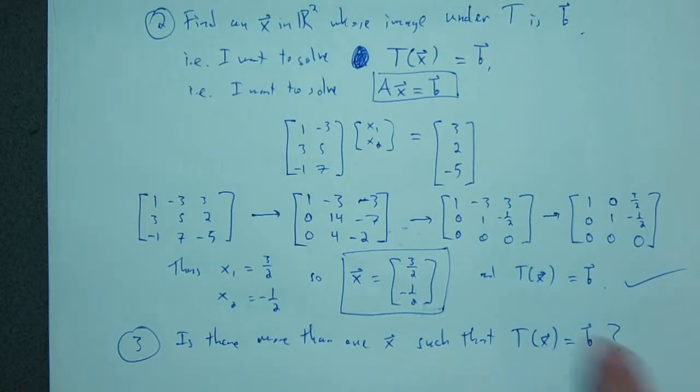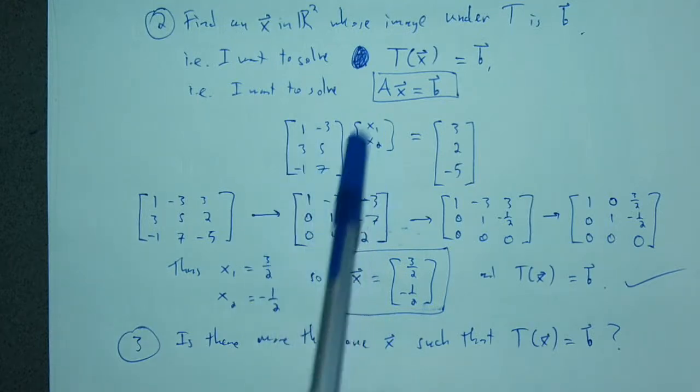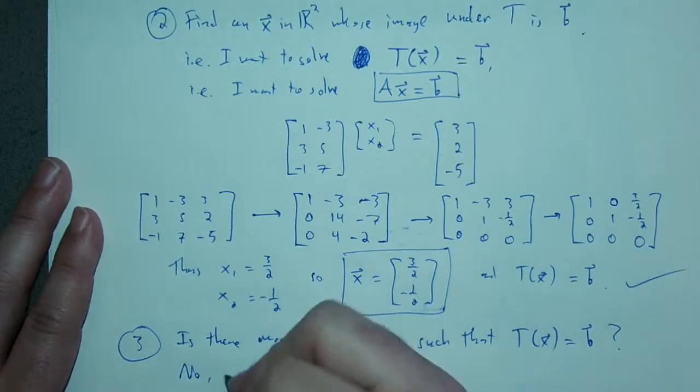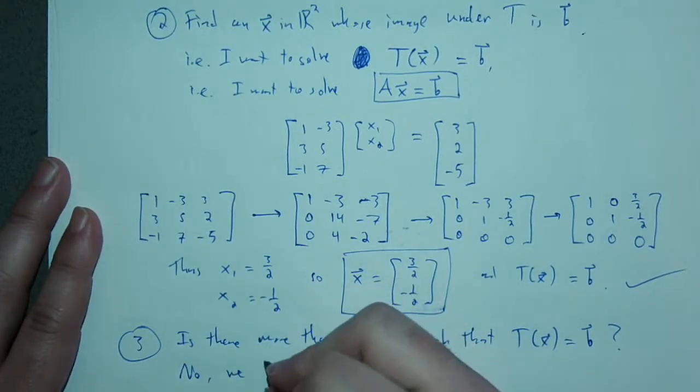Well, in solving this, what did we find? We only had two variables we were solving for, and we just found a solution, right? There was no free variable. So what does that mean about this question? Is there more than one x that satisfies Ax equals b here? The answer is no, right? We already found the unique vector.